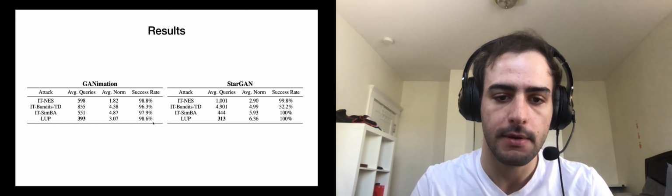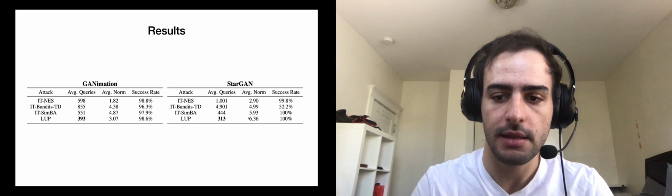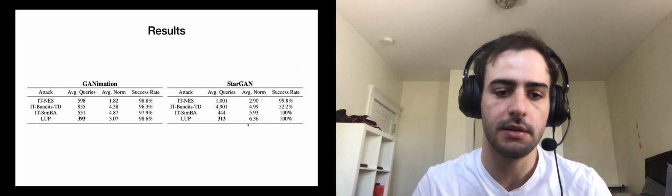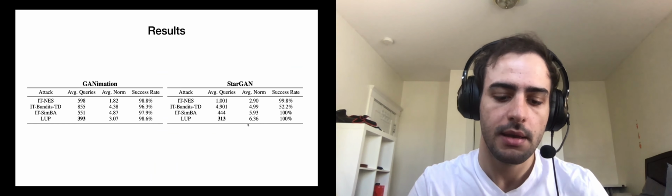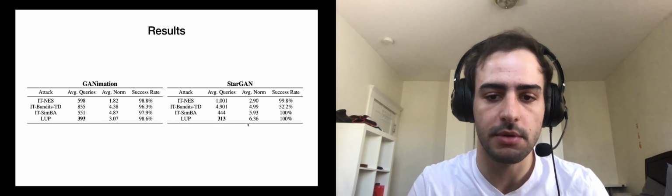We also see that the success rate is very comparable and exactly the same for a lot of these, or even better. And the average norm is a little bit larger than some of these, but it's still reduced enough. And in the qualitative examples, we see that the attacks are not perceptible in the input images in general. Thank you very much.